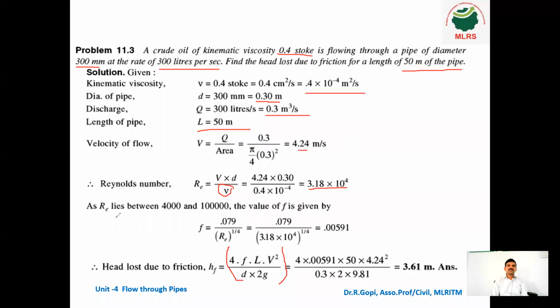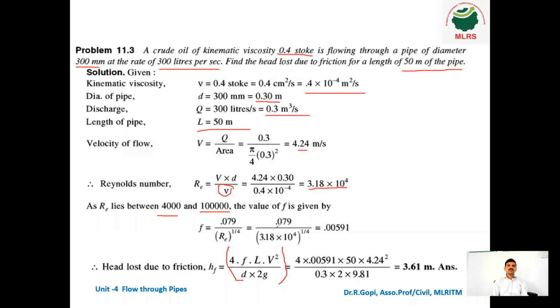If the Reynolds number lies between 4,000 to 1 lakh, the value of f is given by the formula f is equal to 0.079 divided by Re power 1 by 4.